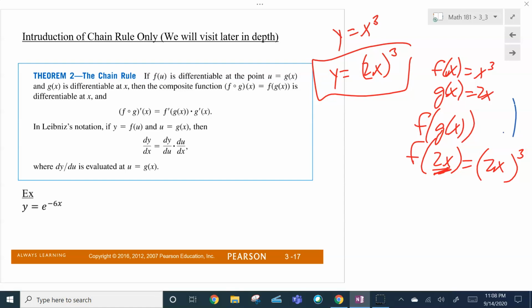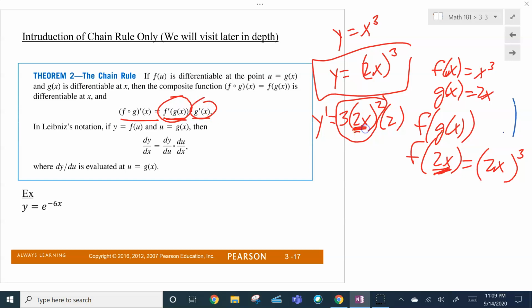So according to this, if you have f of g of x, when I take the derivative, it's f prime of g of x, and then it's g prime of x. So this derivative is 3 times 2x to the 3 minus 1, which is 2, and then I take the derivative of the inside, which is 2. So it's f prime of g of x, and then the derivative of the inside.